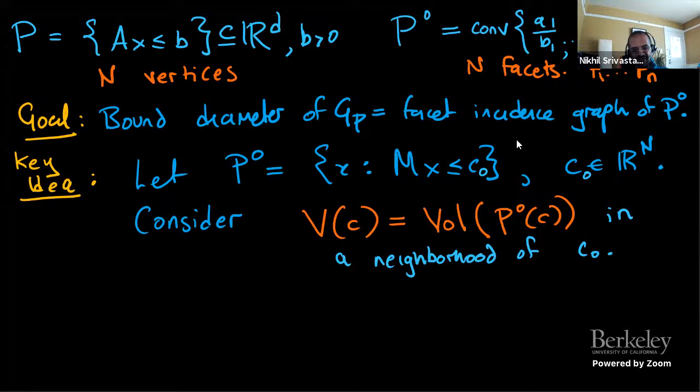So I'm going to define this function V of C, the volume of P polar of C. It's well defined in a neighborhood of C naught. It could be defined anywhere, but you might get something empty, so let's just look at it in a neighborhood of C naught. Any questions about the definition of this function?